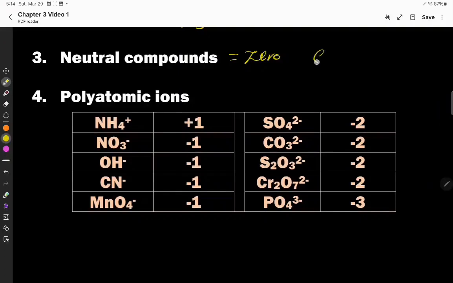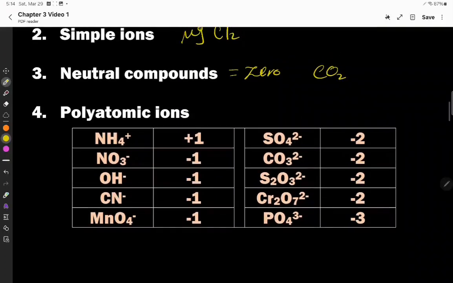Now if we look at carbon dioxide, it equals 0. Why? Because oxygen is 2 negative and carbon will be 4 positive, and 2 times 2 is 4 negative. Now 4 negative and 4 positive equals 0. So any compound which is neutral, which does not have a charge, the oxidation number of it will be 0.